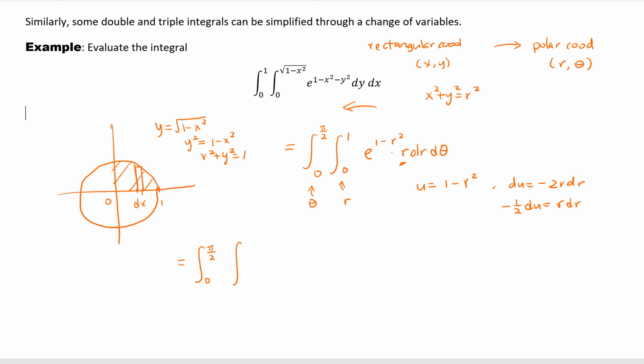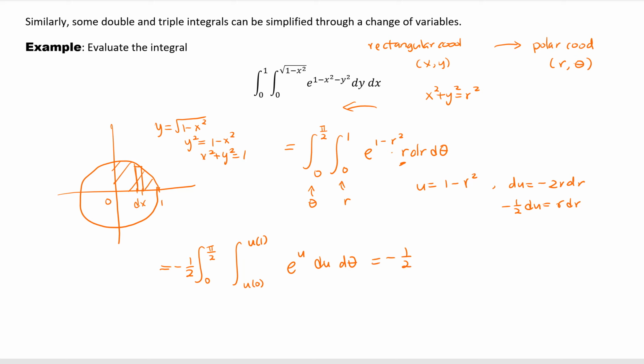And then u is from u of 0 to u of 1. Okay, I will calculate what u of 0 and u of 1 are in the next step. And then here we have e to the u. Well, r dr equals minus 1/2 du, we'll put the minus 1/2 in front. Okay, and we also have d theta.